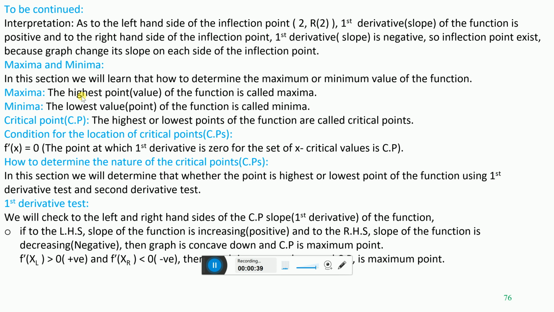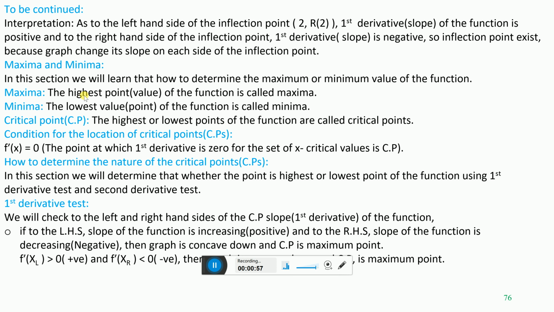Maxima means the highest value or point of the function compared to the other nearby values or points. That is called maxima.